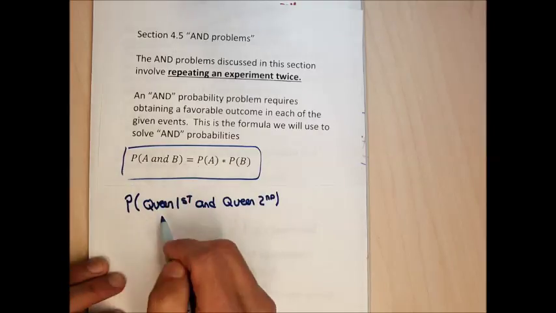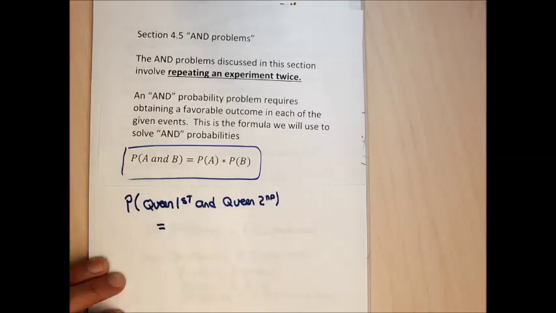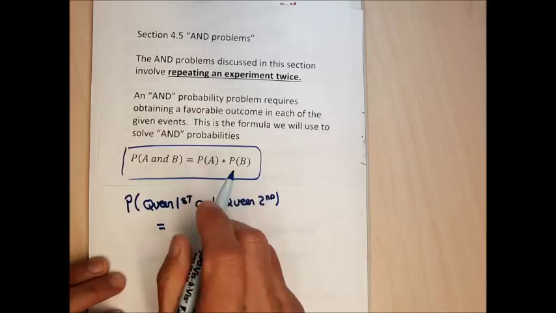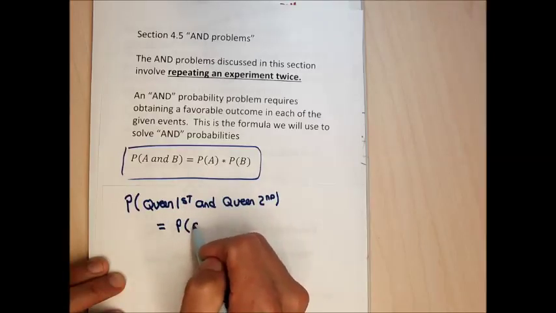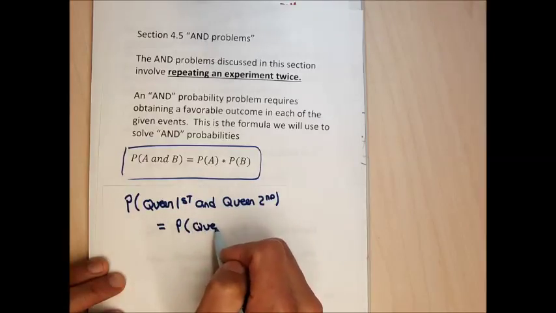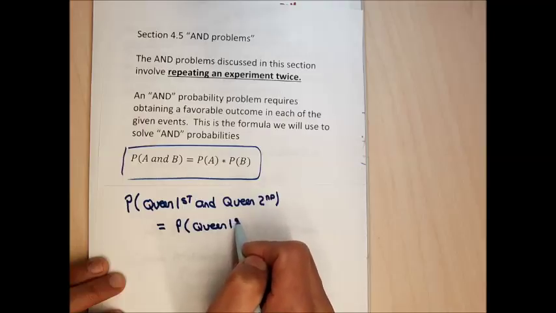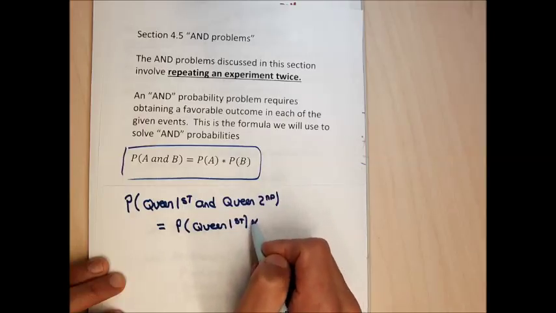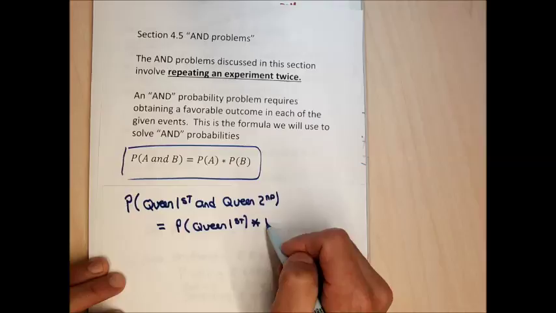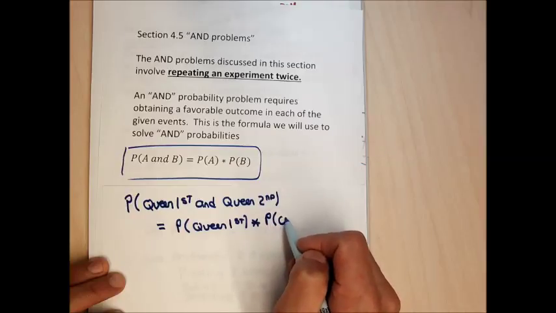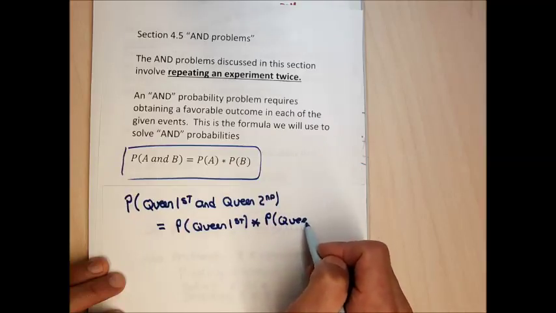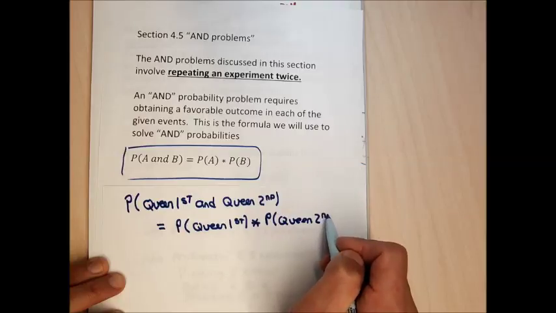This formula says the probability of getting a queen on the first card and a queen on the second card is going to be equal to the probability of getting a queen for my first card times the probability of getting a queen for my second card.